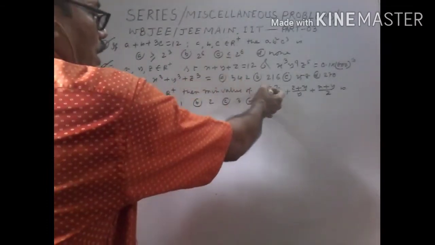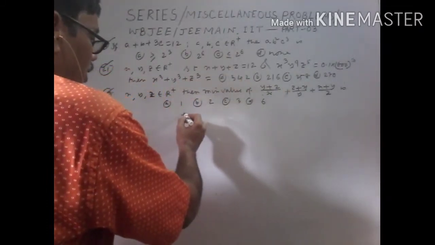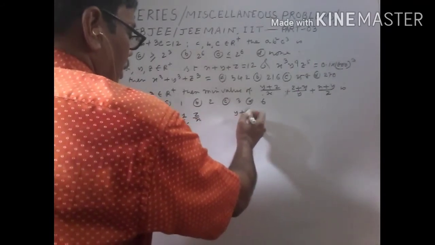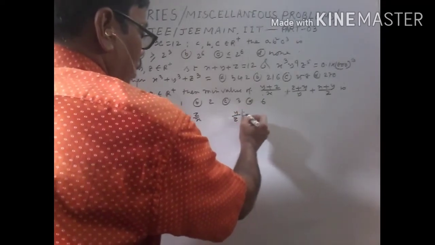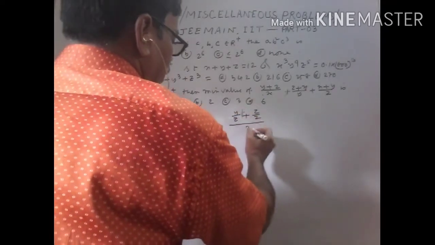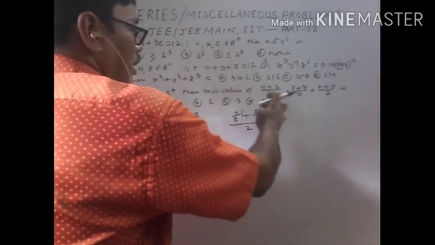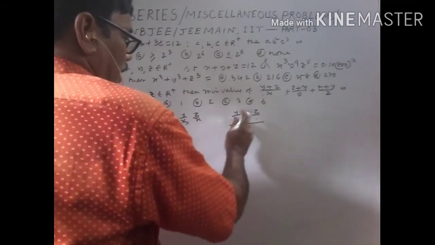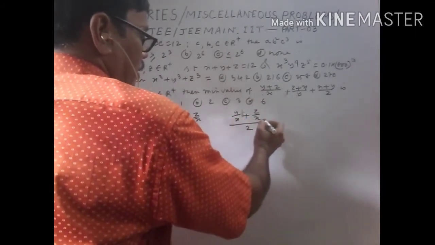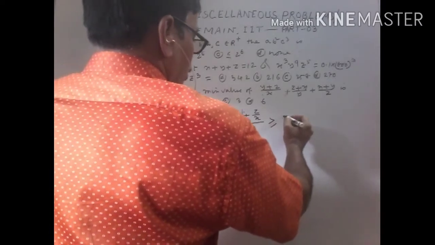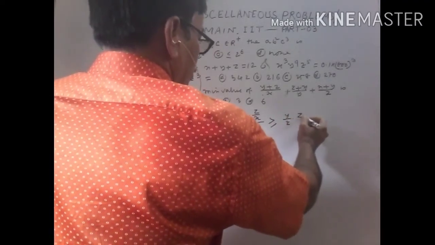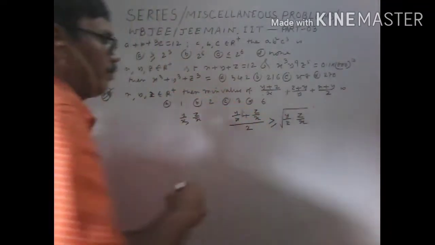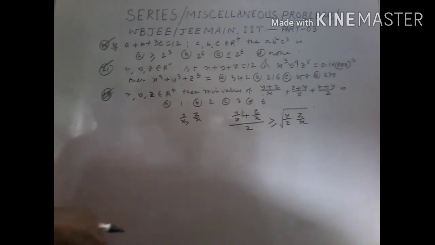So look, y plus z by x. If we consider the numbers yx and zx, what is the arithmetic mean of y by x plus z by x? This is the arithmetic mean, y plus z by x, so y by x plus z by x by 2 is greater than or equal to root over of y by x into z by x.